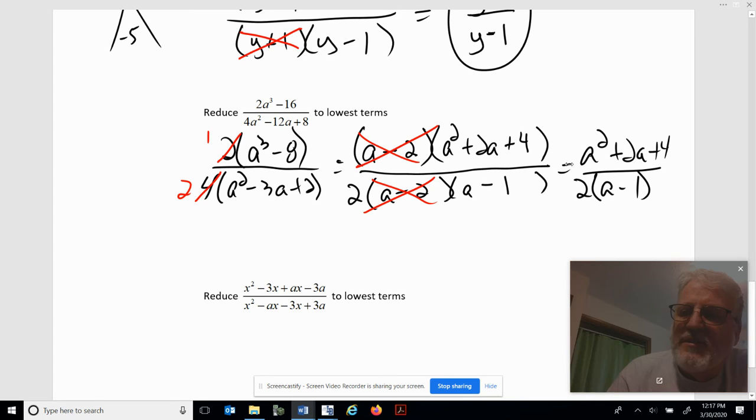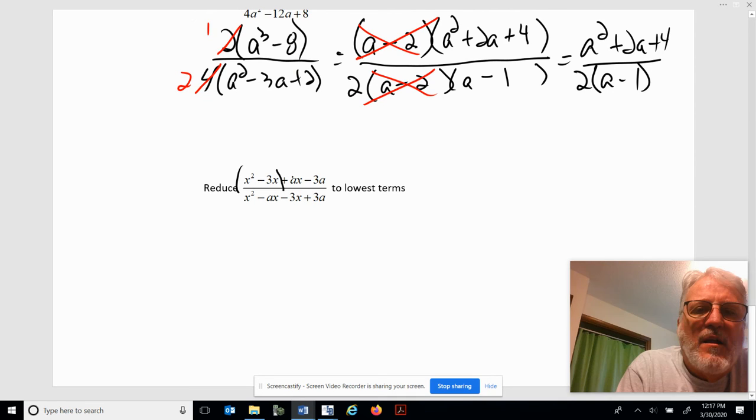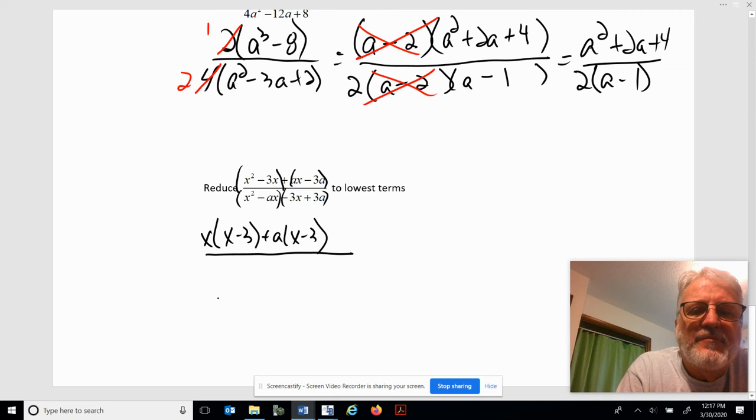Okay, and this last one here, I'm going to factor by grouping, top and bottom. Okay, so the top, I'm going to factor out an x, that gives me x minus 3. And I'm going to factor out an a, that gives me x minus 3.